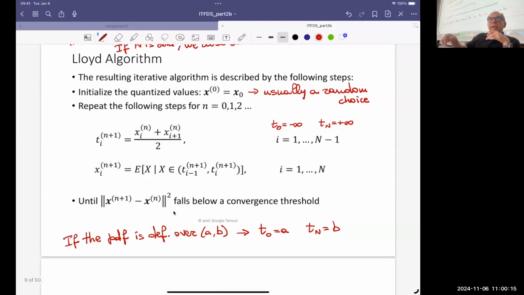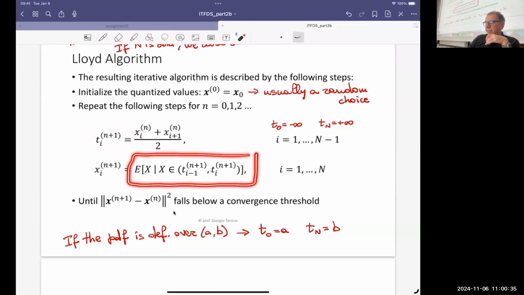In this way, we calculate the next iteration threshold, so this Ti n plus 1. By using this vector of the next iteration thresholds, we can calculate the centroids by using this expression. And in this way, we obtain the quantization points for the next iteration.